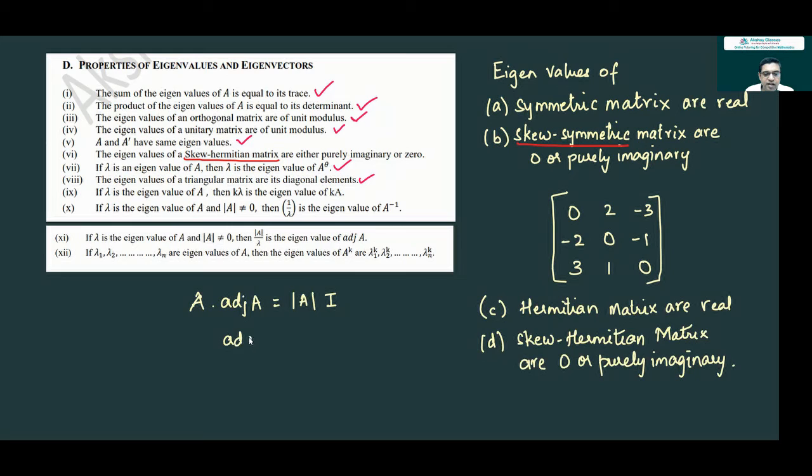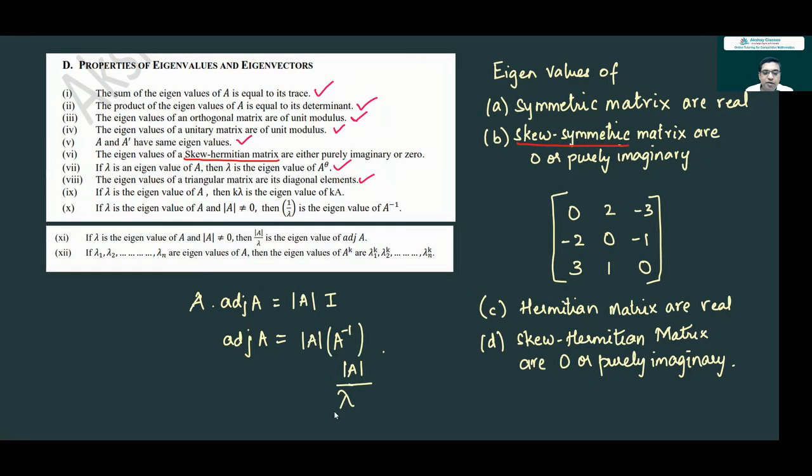So adjoint A is A inverse times this, so det A into A inverse times I. So now if lambda is the eigenvalue of A, then the eigenvalue of A inverse is 1 by lambda, and then k times A inverse will be k by lambda, and this k is nothing but determinant A. Determinant A is a scalar.